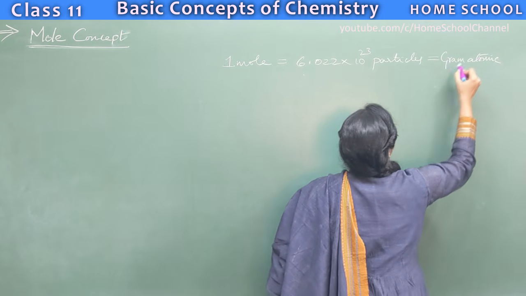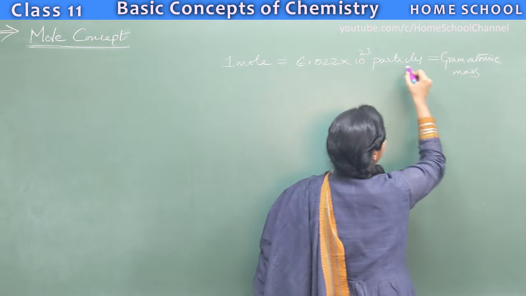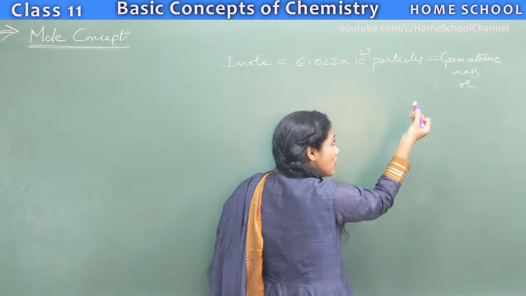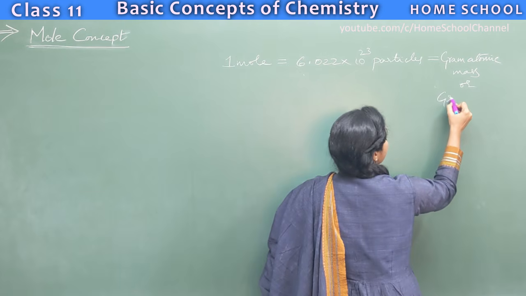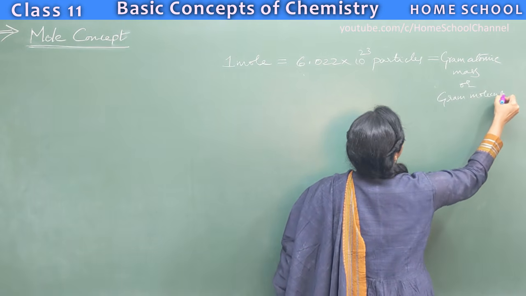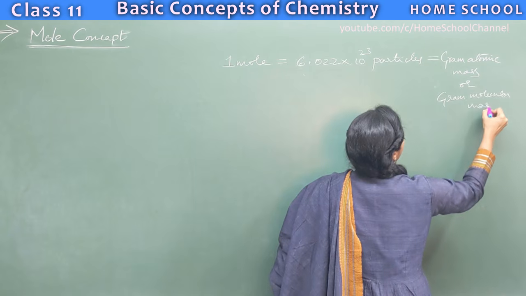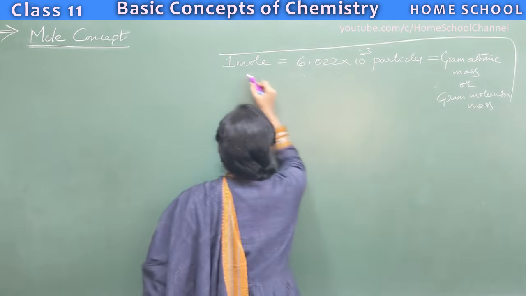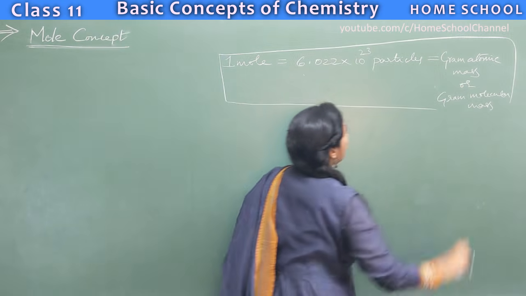If the particle is a molecule, then the mass of those many molecules will be equal to gram molecular mass. Okay, so this is the important relationship one must know in the mole concept.